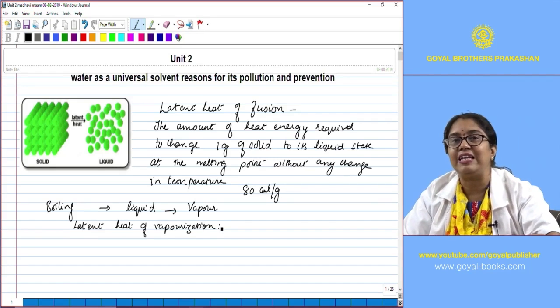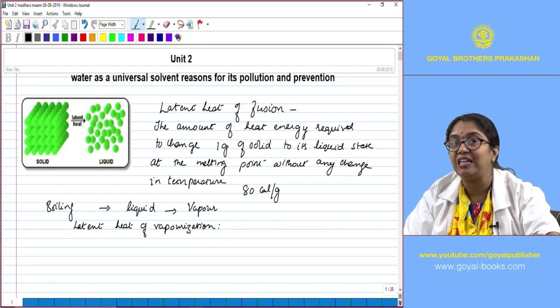So what is latent heat of vaporization? It is the heat which is stored in the steam.